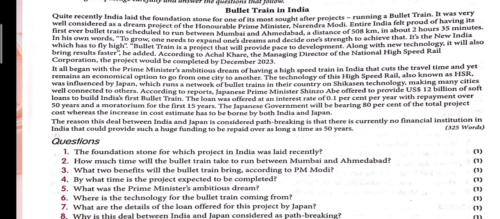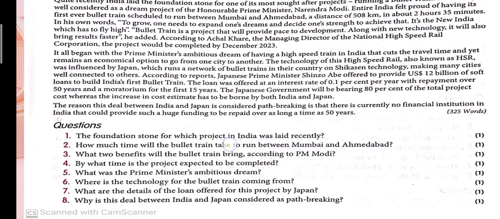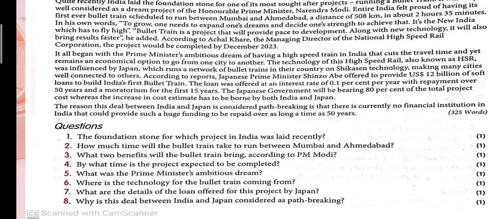The Japanese government will be bearing 80% of the total project cost, whereas the increase in cost estimate has to be borne by both India and Japan. The reason this deal between India and Japan is considered path breaking is that there is currently no financial institution in India that could provide such a huge funding to be repaid over as long a time as 50 years.